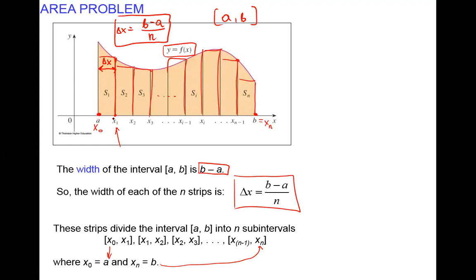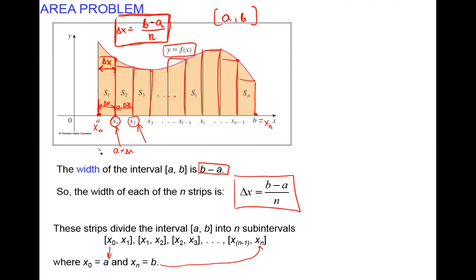And the first point, x sub 1, is definitely just delta x away from A. That means I can say A plus delta x, because if this is A, I'm adding delta x units. Then x sub 2 is 2 times delta x units away.